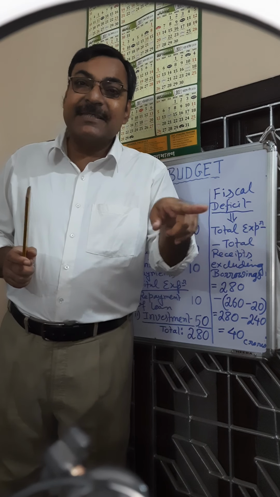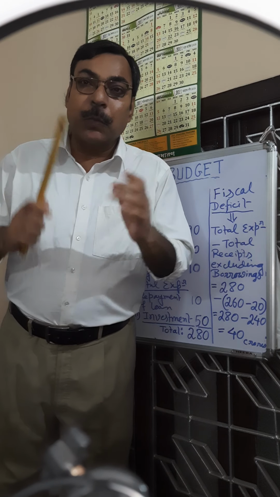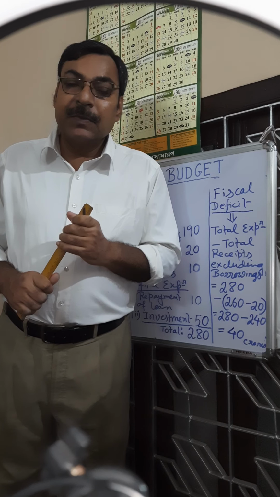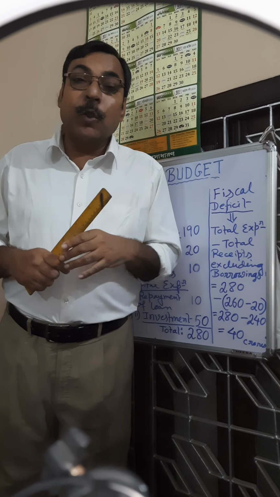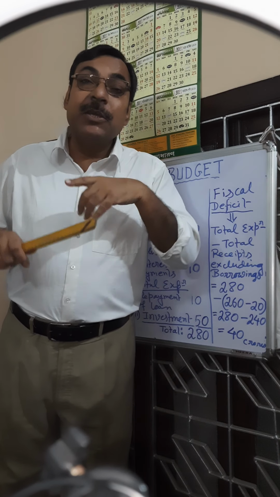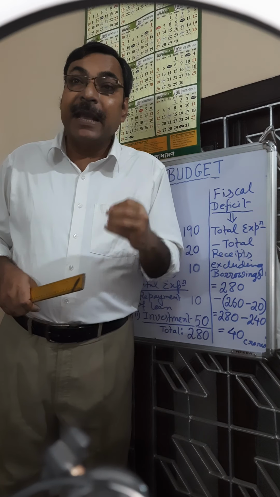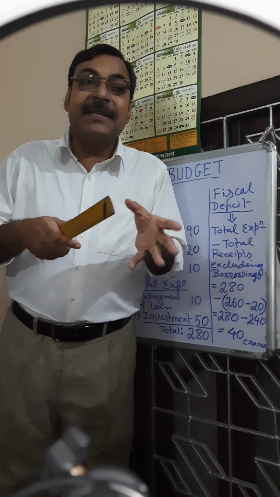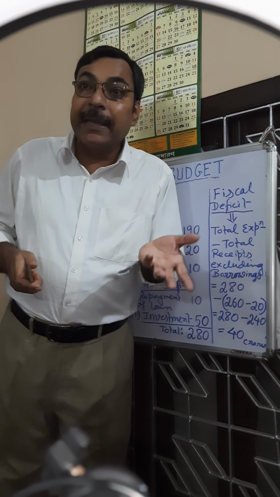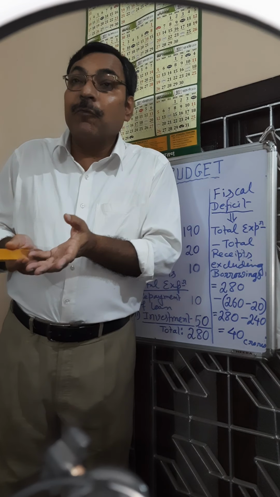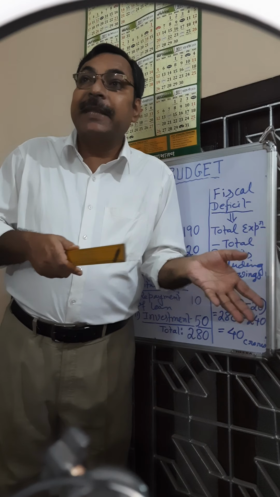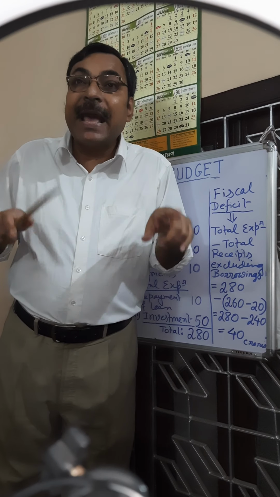To meet this extra expenditure, government should borrow. And if borrowings are excessive, then a huge interest bill must be paid by the government. Many times, to pay that interest, government may have to borrow again. For the repayment of one loan, another loan is taken. This is called a debt trap.